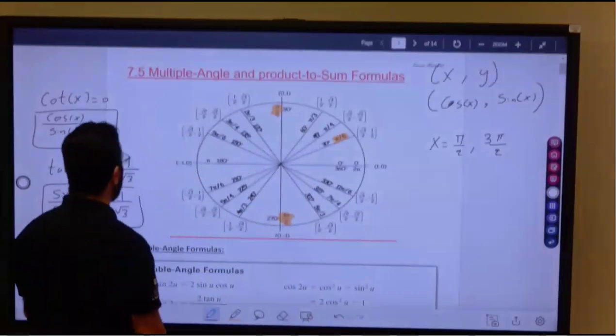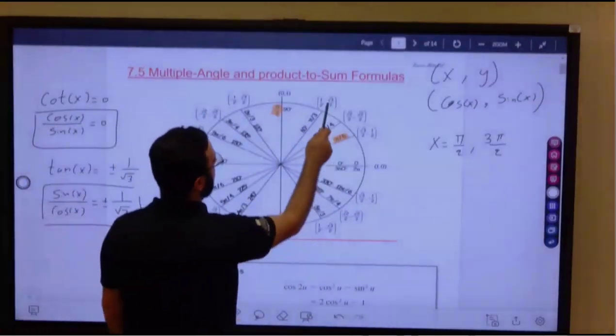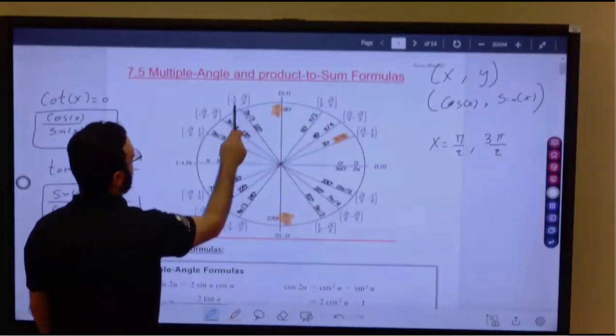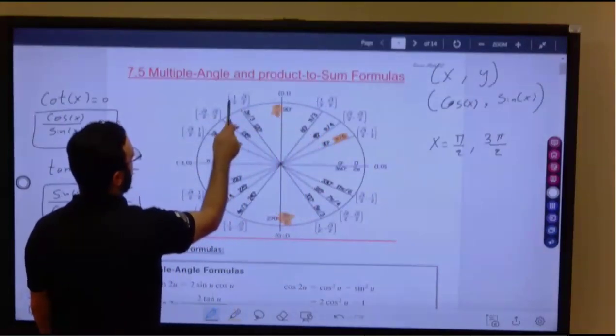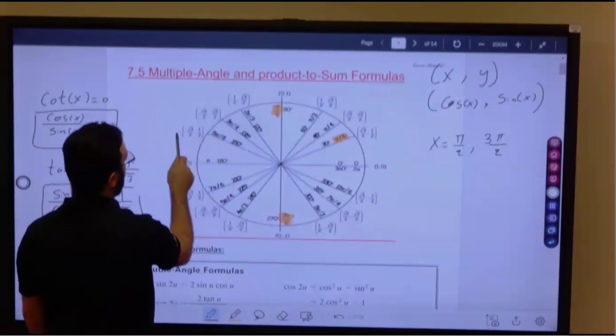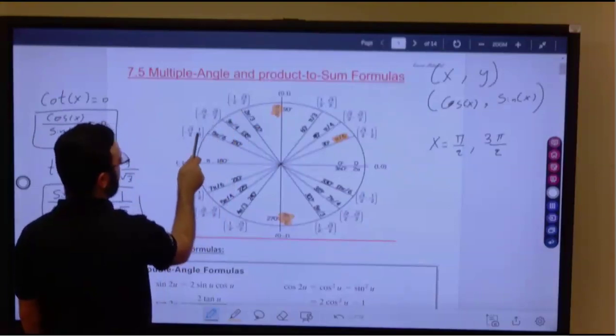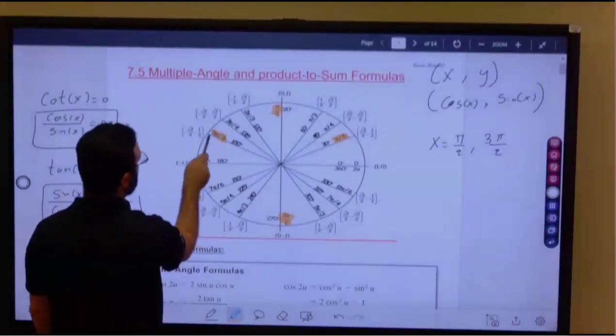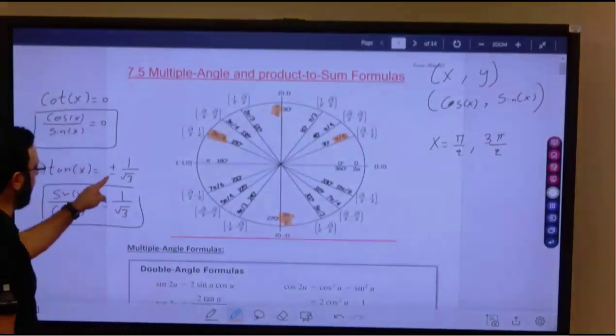Let's keep going. Which other angle? If you divide sine by cosine here, it's not. Here's the next angle. If you divide sine by cosine it is going to be negative square root. So this is the second angle because we have the positive and negative.